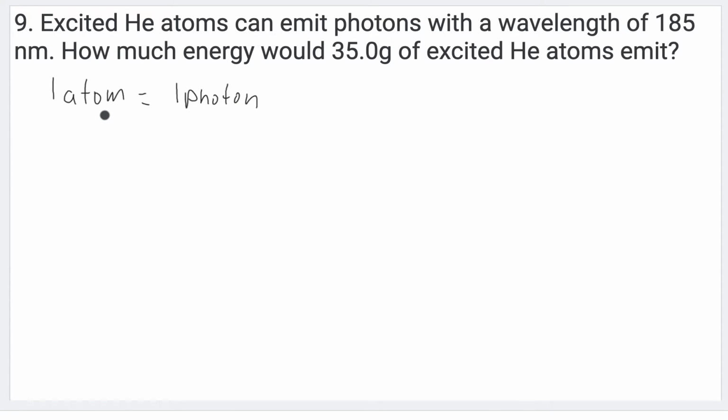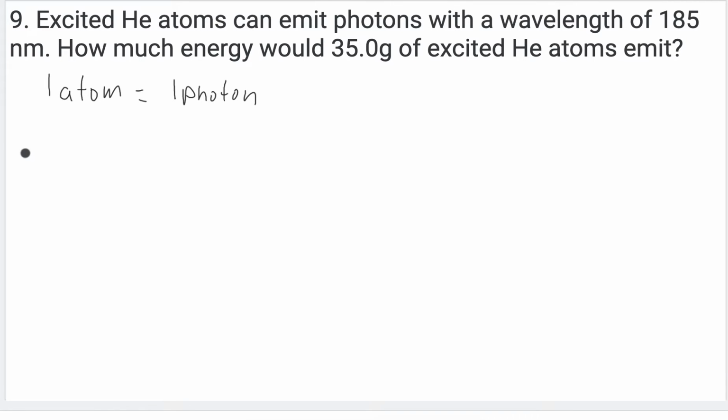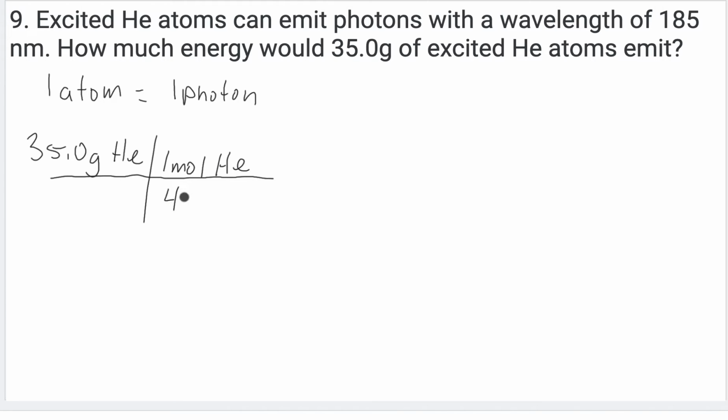Okay, so what we would have to do first is know that on number 9 we have 35 grams of helium. Well, we can figure out how many atoms that is by going 1 mole helium, looking up the molar mass, which is 4 grams helium.